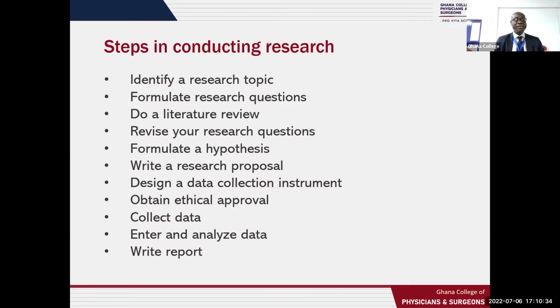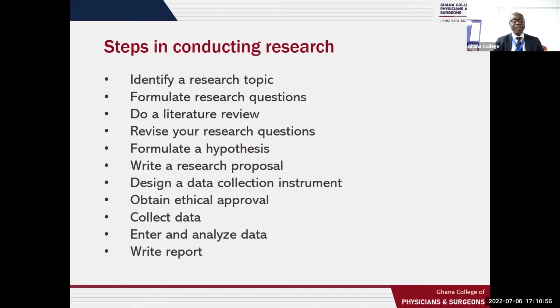And once a person gets their research topic, the next thing to do to refine that research topic is to formulate research questions. So based on the research topic, one can come out with different research questions that one would like to answer related to that topic.